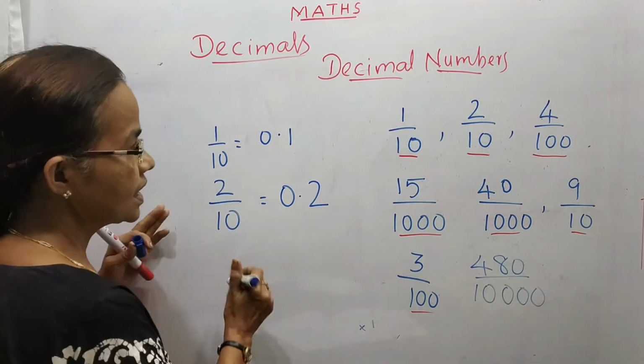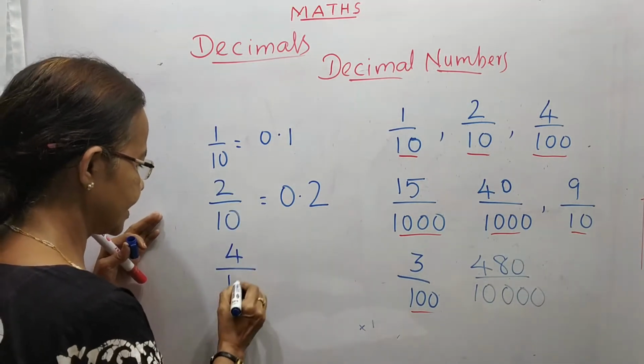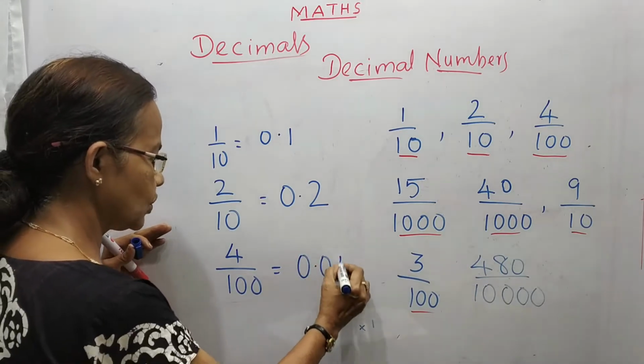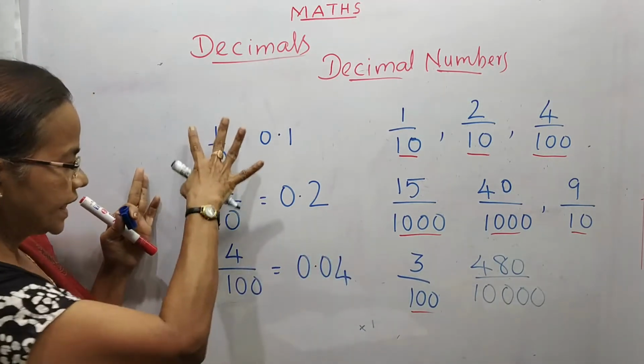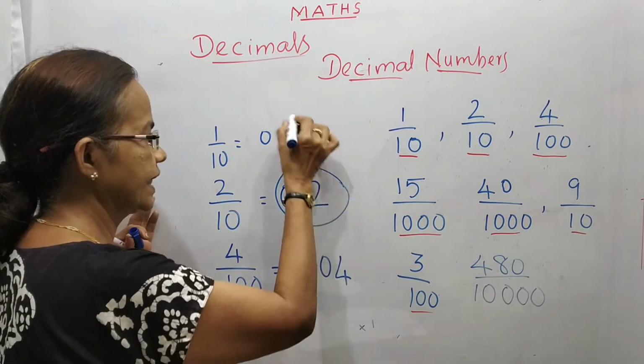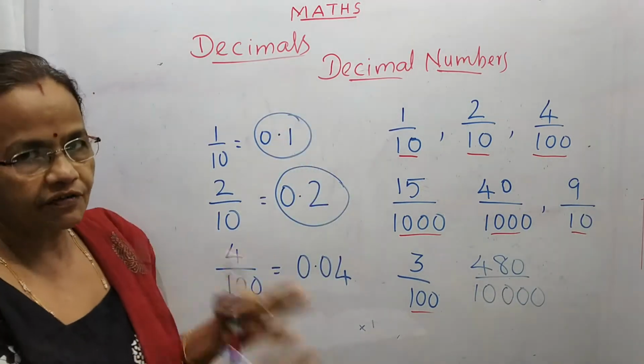Next is 4 by 100 is equal to 0.04. ഇങ്ങനെ എഴുതുന്ന നമ്പേഴ്സിന്റെ വേറൊരു ഫോമിൽ നമ്മൾ ഈ പോയിന്റ് ഇട്ട് എഴുതുന്നതേ ഉള്ളൂ ഫോർ കൺവീനിയൻസ്.